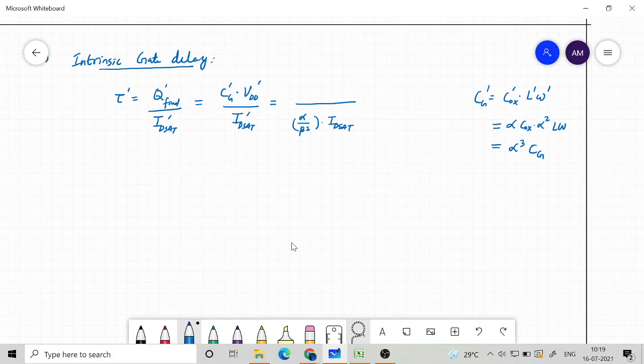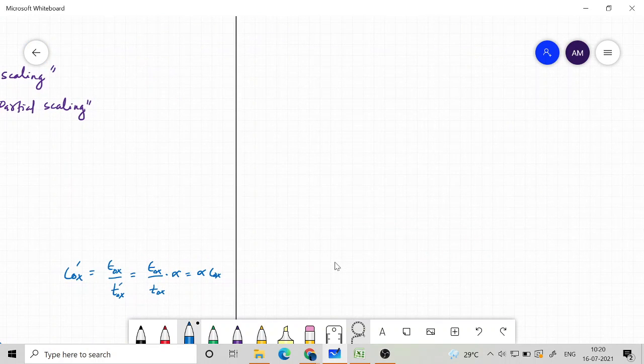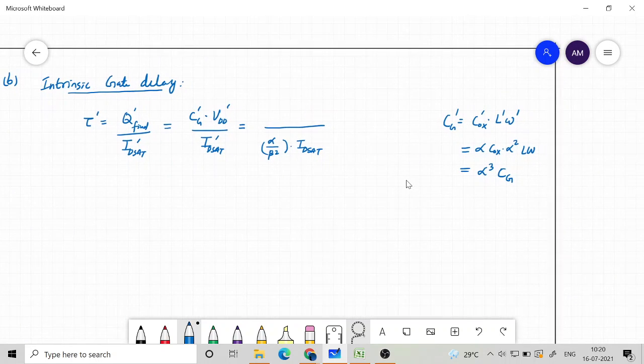Let me just see, did I make a mistake? Tox is scaled by alpha, so the capacitance is increasing. Okay, I made a mistake.